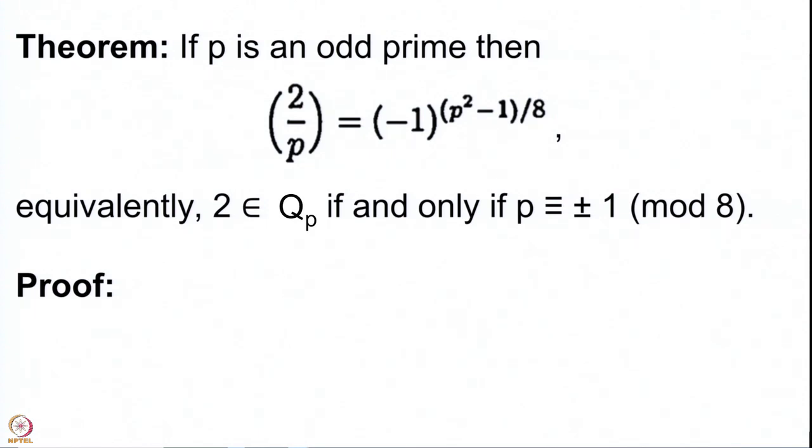So this will tell you that 2 is a square modulo p if and only if p is congruent to +1 or -1 modulo 8. So all you have to observe is what is left for p once you go modulo 8, whether what you are left with is 1 or -1.